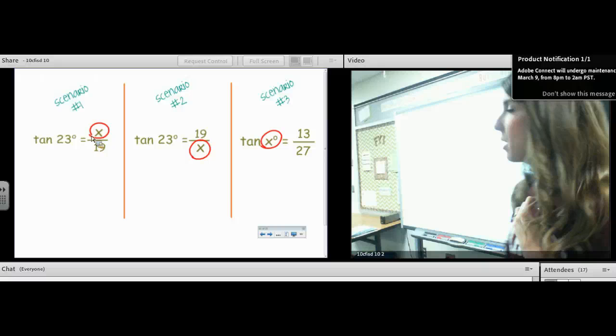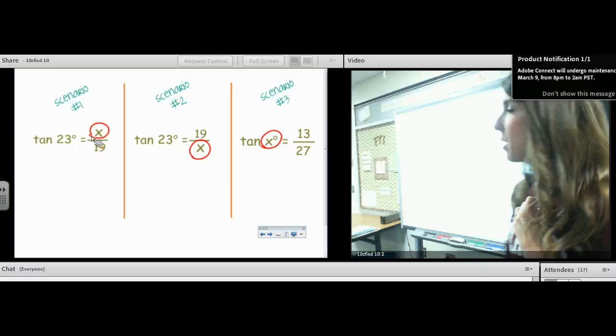And what I mean by that, let me go back to this real quick. If I were to put this over 1 and I were to cross multiply, then x would equal 19 times tan 23. Because x times 1 is x, and 19 times tan 23 is 19 times tan 23.